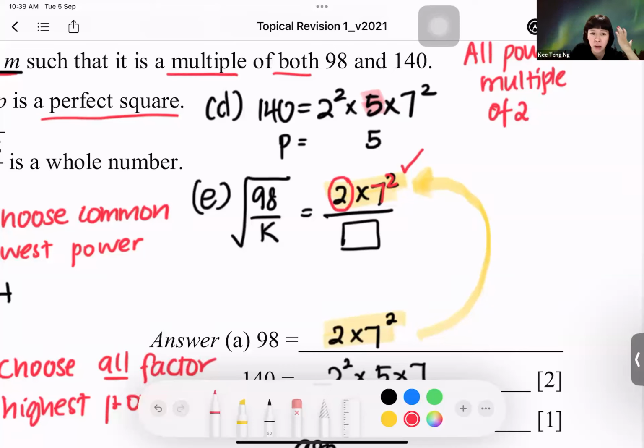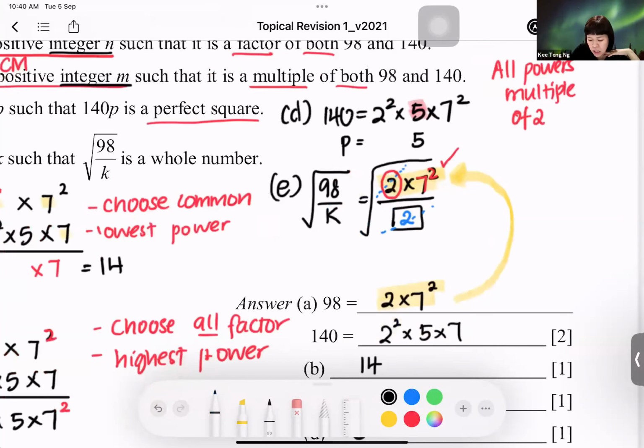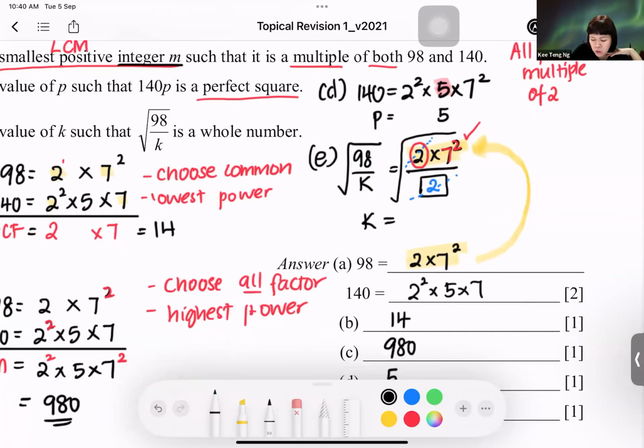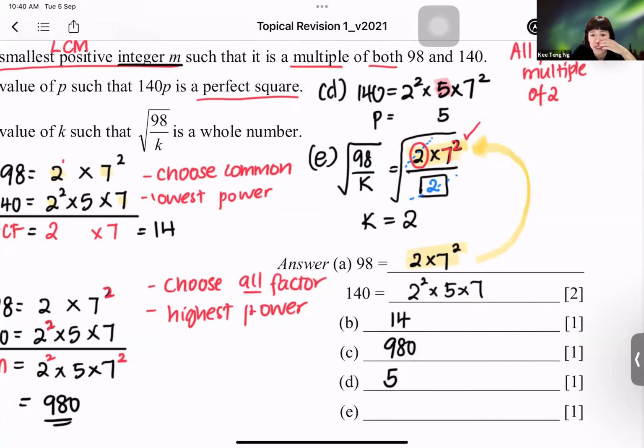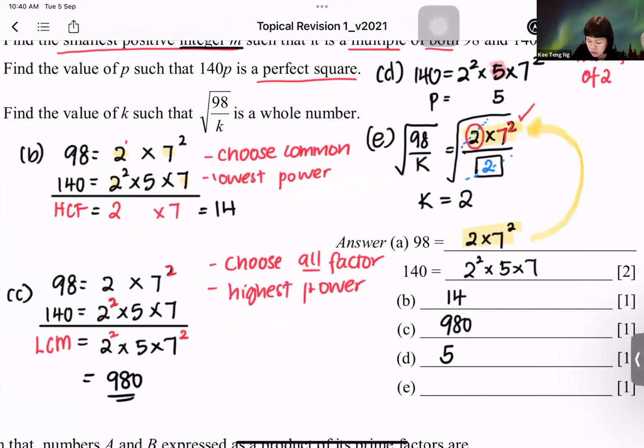So what I'm going to do, I'm going to divide away by the number 2 so that when I cancel this later, I'll just get a 7 squared, which is a number that can be square rooted. Okay, where I have to write square root sign. So in this case, what is this number K? K is equal to the number 2. Which number is blocking me from being a perfect square? The number is 2. So I'm going to get rid of that. So E is the number 2.